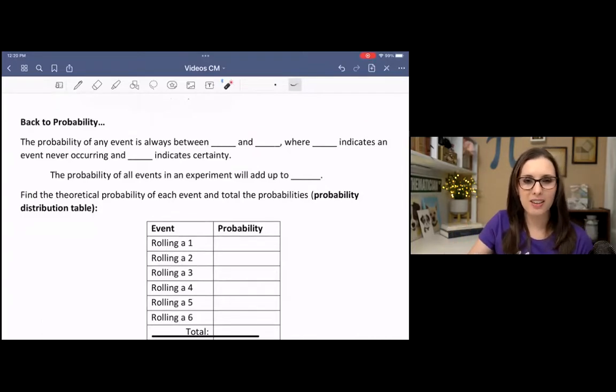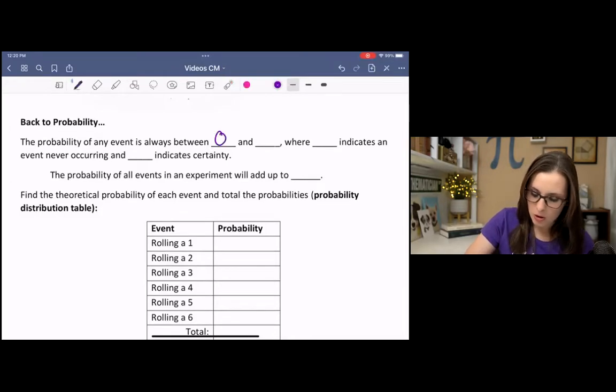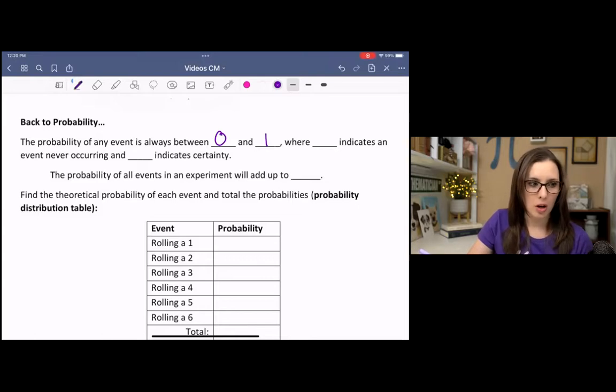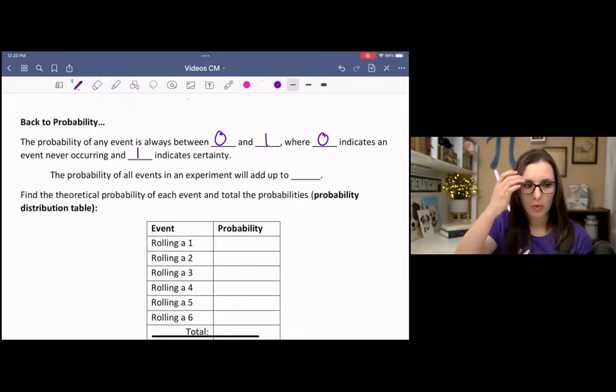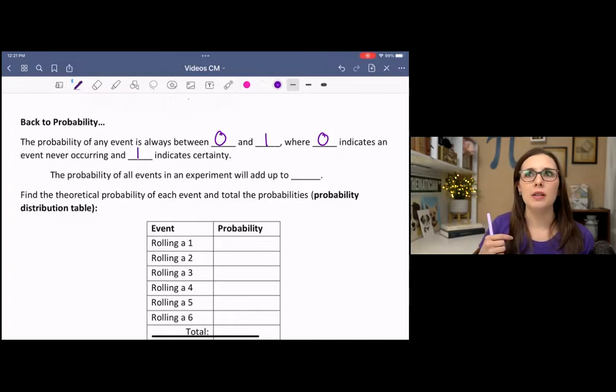The probability of any event is always between 0 and 1, or 0 and 100%, where 0 indicates that the event never occurs and 1 indicates that it certainly occurs. So when we had the sum of the dice, if I said find the probability of having a sum of 1, that would be 0 because there's no chance of that happening.